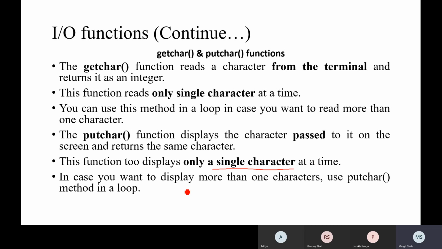That is also possible. Either we may use a printf function or a putchar function, or we may also have one more function like putc. Okay, and the same way getc is also there.